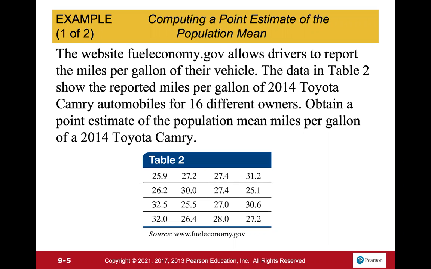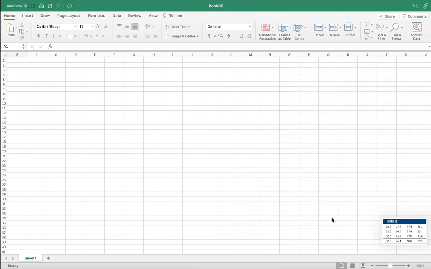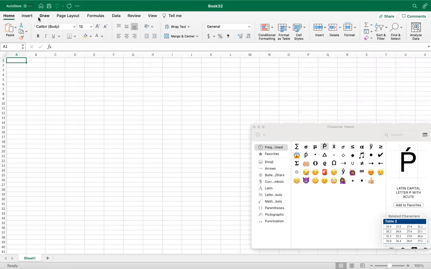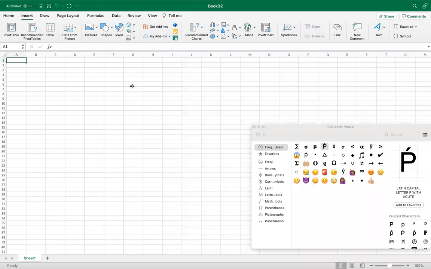All right, so starting off with this, we have to take this over to Excel. So let's copy this data and come over here. So insert data from table.